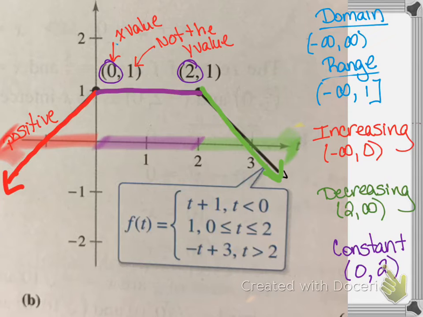Now, I can tell you a little real life scenario on what this might look like, but no laughing and no judging. Okay? So, the red part of the graph is Alicia from Thanksgiving to Christmas. What do we do from Thanksgiving to Christmas? We eat all the time, and we go to parties. Okay?